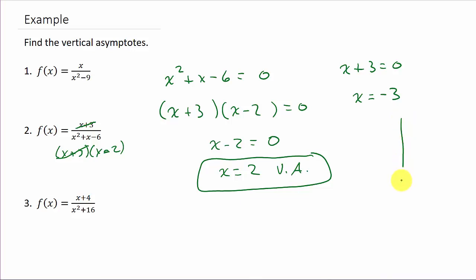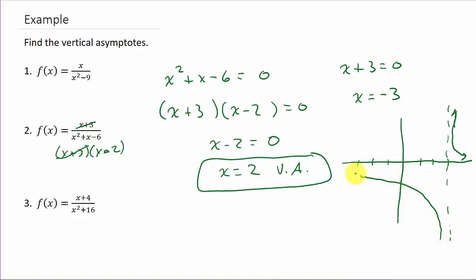So the graph, there's a vertical asymptote. Let's see, 1, 2, 3, and negative 1, negative 2, negative 3. The graph is going to look like this, but at negative 3 there's a hole in the graph.